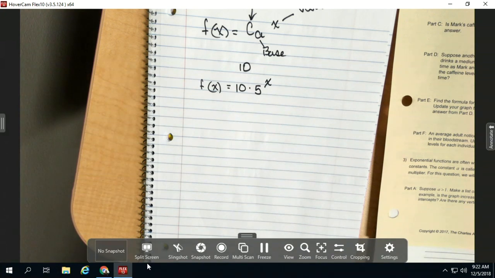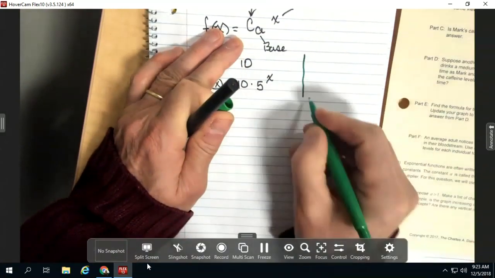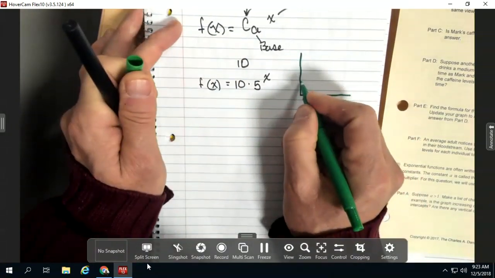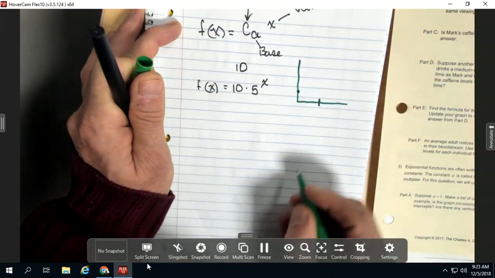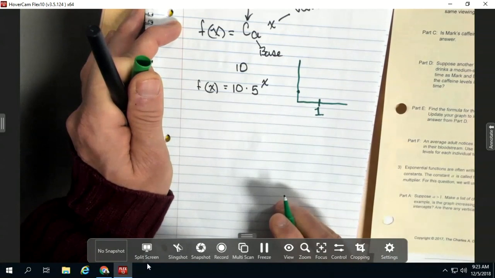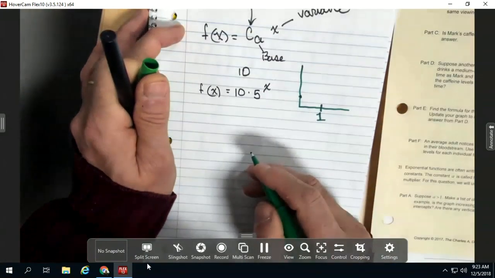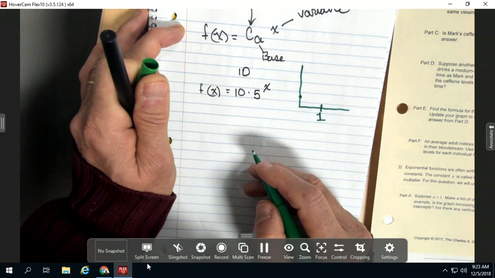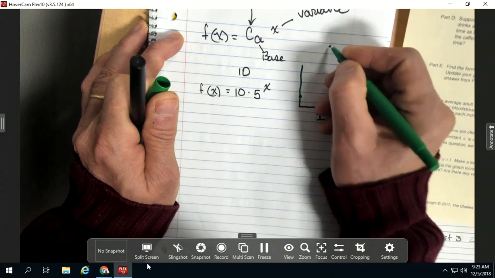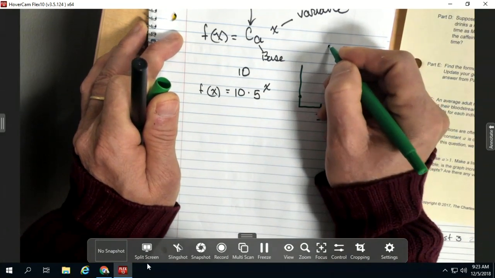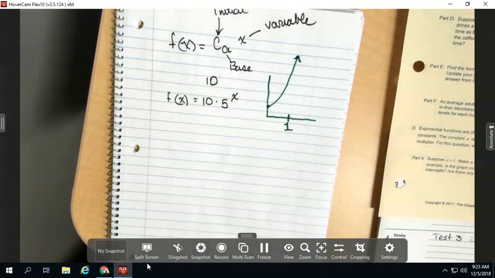When we graph that, we see that if it starts out at 10, after 1, how high up will we be? 5 to the first times 10. So after 1, we will already be way up there. What's going to happen after 2?